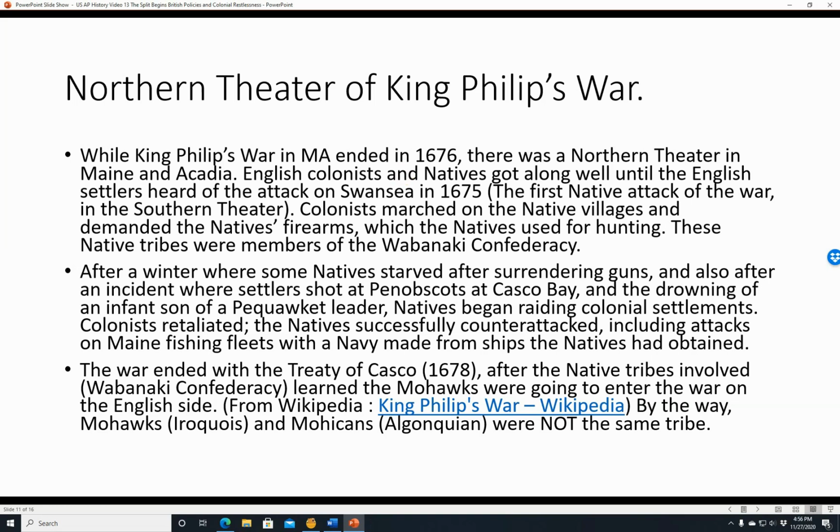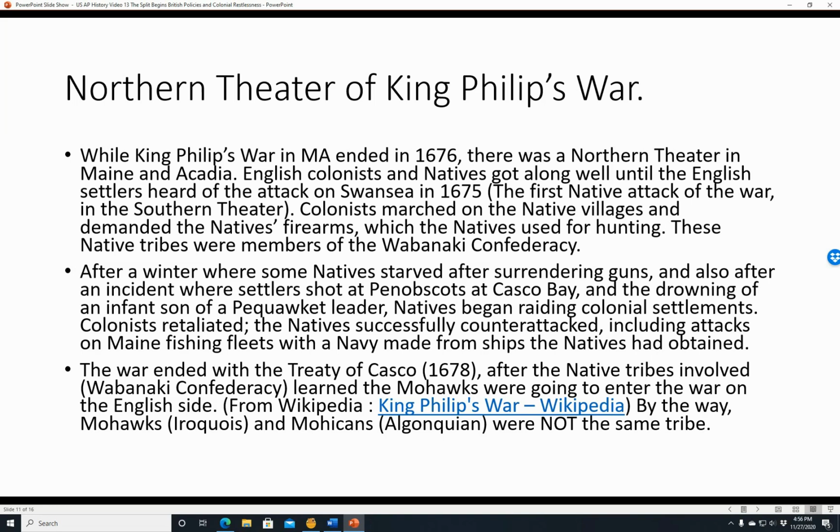The colonists marched on native villages and demanded the natives' firearms, which the natives used for hunting. These native tribes were members of the Wabanaki Confederacy, which, if you've seen the previous videos, was organized to prevent British encroachment into Acadia. So, they allied themselves with the French.